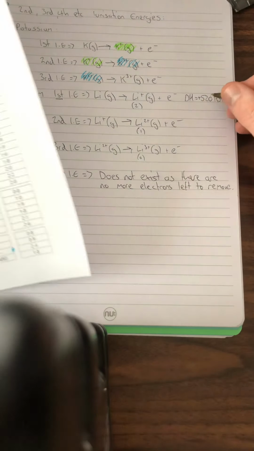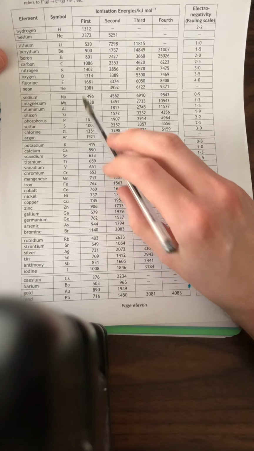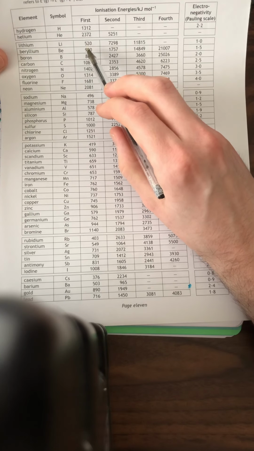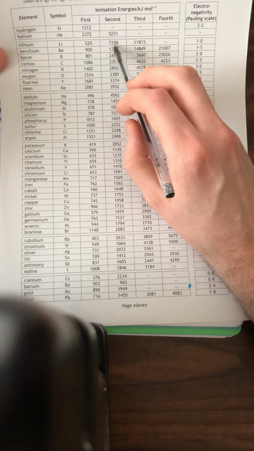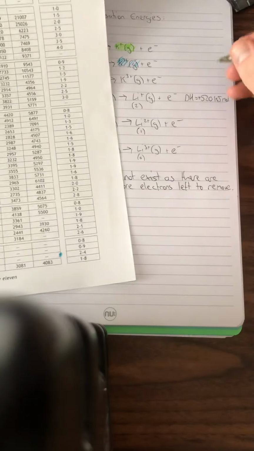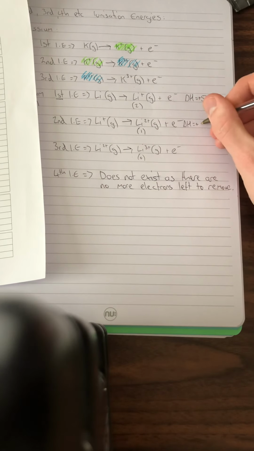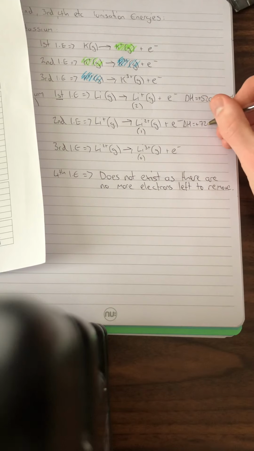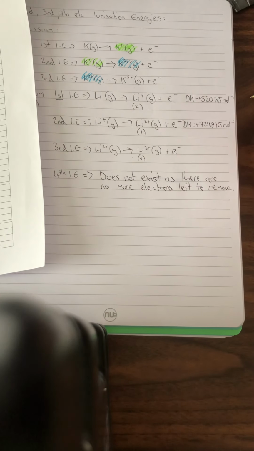Okay, now the second ionization energy of lithium, where am I? Here, 520. The second is 7,298. Okay, so the second one would be delta H equals positive 7,298 kilojoules per mole.